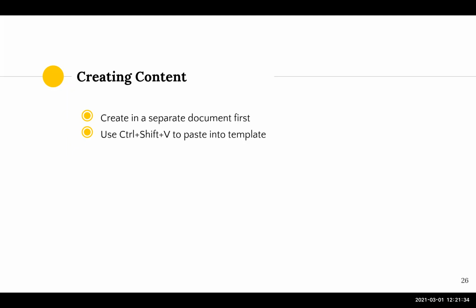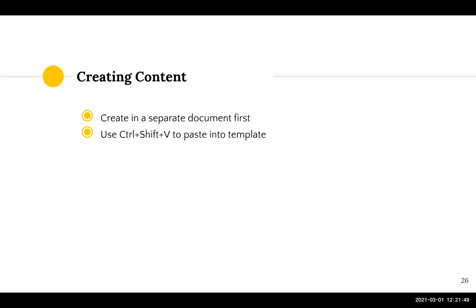When you are pasting from a Word document into the HTML editor, some of the document's text styling is going to copy over. So this is going to clash with the styles that are already in your templates.